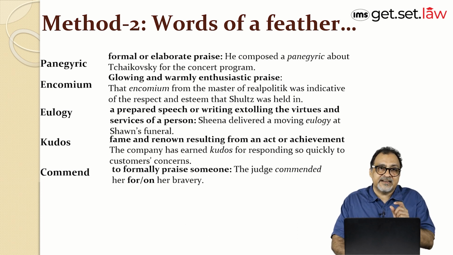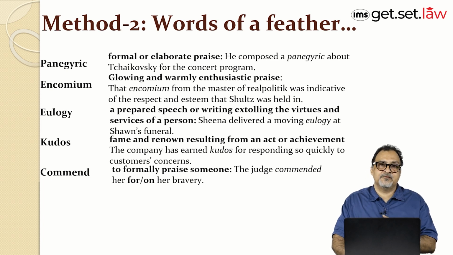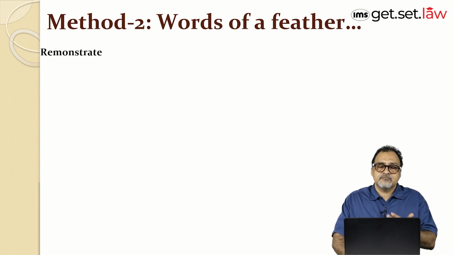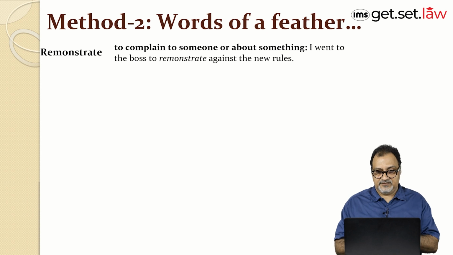The words for criticism are perhaps 3 or 4 times the words that we have for praise. So it makes sense to look at some words related to complaint or criticism. So when you remonstrate with someone, you're complaining about something. So I remonstrated that I need more money, so please increase my salary, right?